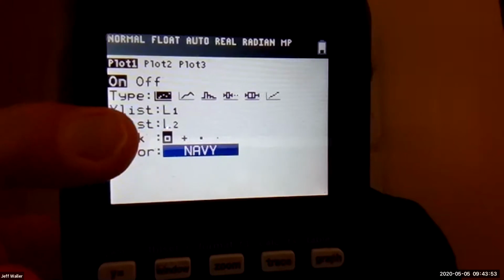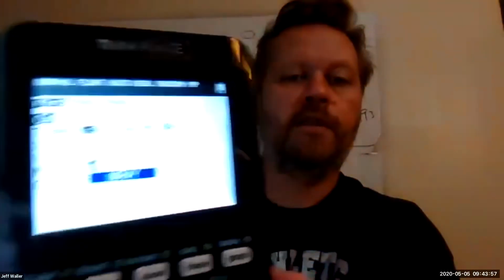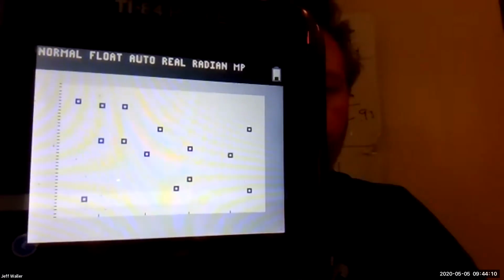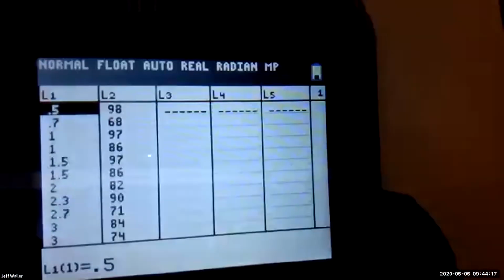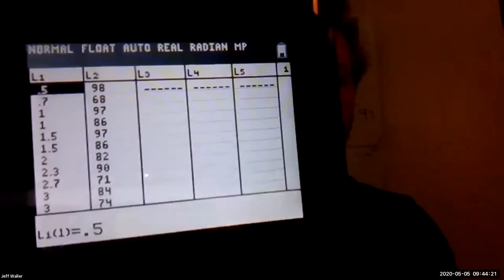L1, L2 for your X and Y, right? You're not going to have a color. And then hit zoom 9 to zoom in on your statistical data. And it's got to look like that. If you're still having trouble and you did all those steps, make sure that your data is actually in L1 and L2. Remember, sometimes those lists go away. We delete them instead of clear them. Okay.